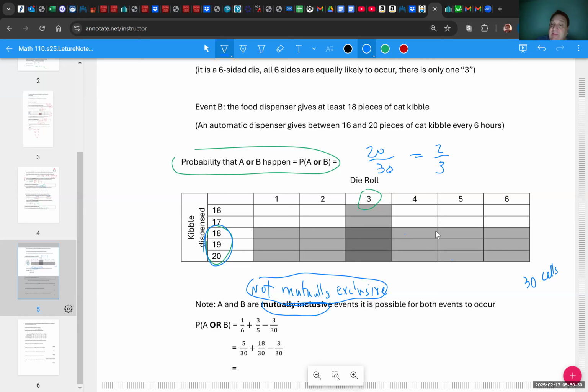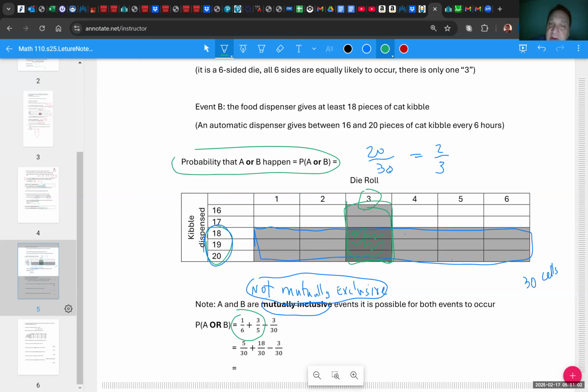And what you may see here on the chart is, if I just think about the probabilities, which is my 3 out of 5, and my 1 out of 6, right? So 1 out of 6 times I could roll a 3. I get 3 out of 5 that I can do an 18, 19, and 20. Those I can add together, but when I add them together, I'm double counting these 3 cells, right?